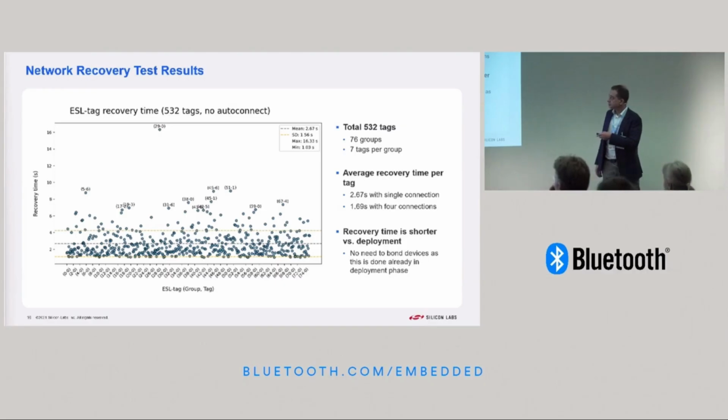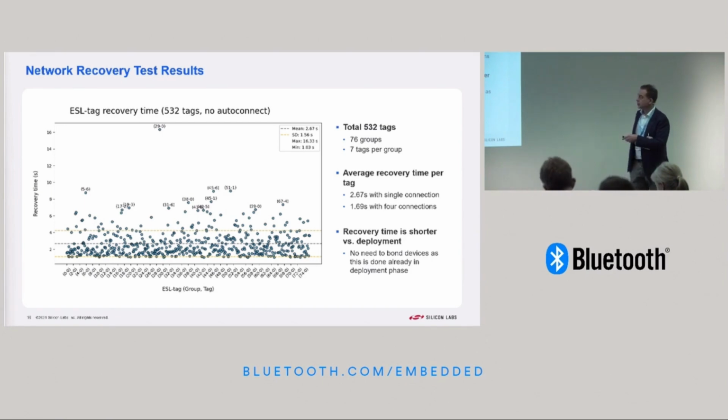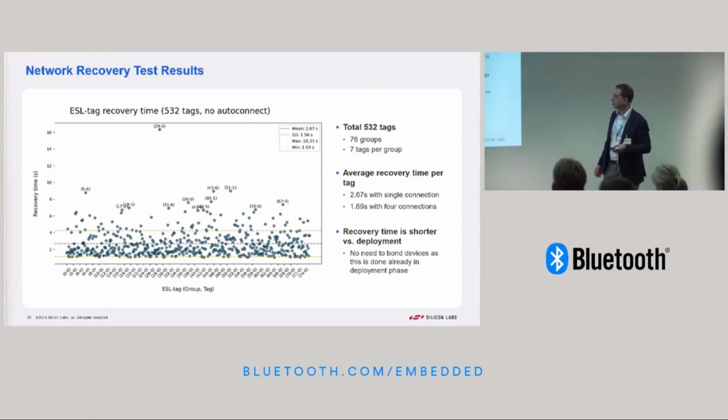With a single connection, it's a bit more than 2.5 seconds per tag on average. With 4 connections, the benefit of additional concurrent connections is less, as we're not doing the ping-pong traffic like we do in the configuration phase. But anyway, we are way under 2 seconds per tag.